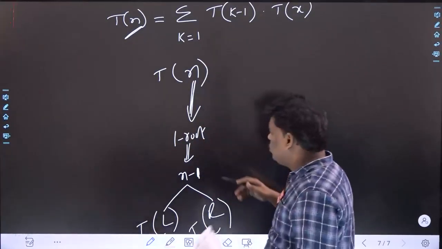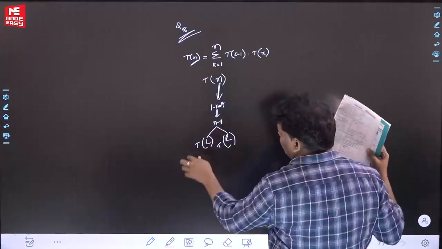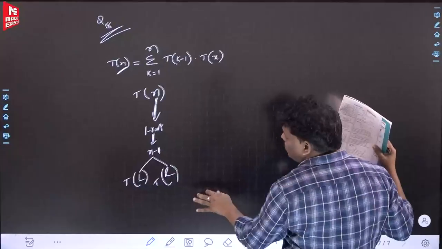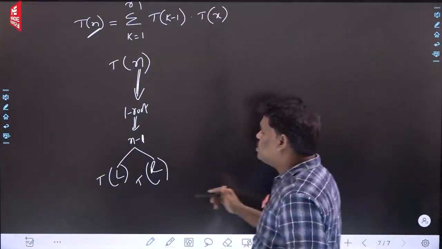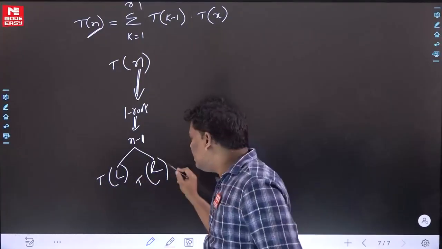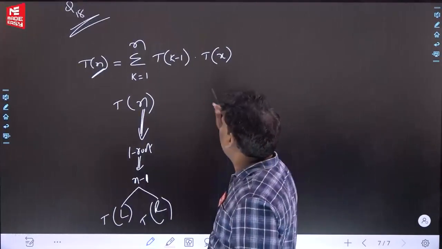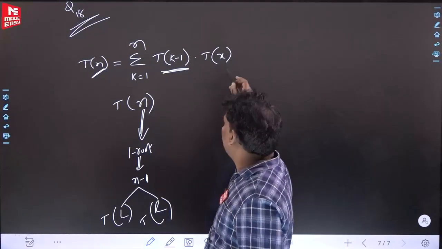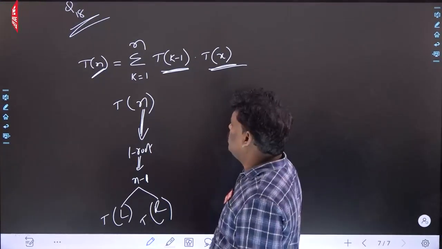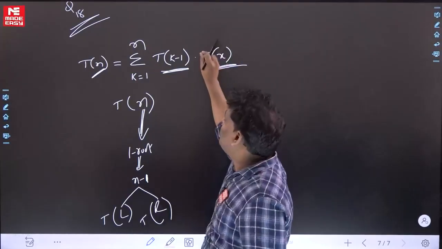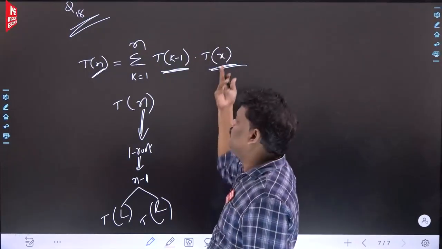So Tn is equal to left how many possible, TL, right how many possible, TR. Please be careful. M ways possible on the left side, n ways possible on the right side, both combined m into n ways. Like that they are multiplying. After getting this one and this one, multiply, then you will get the total BSTs.